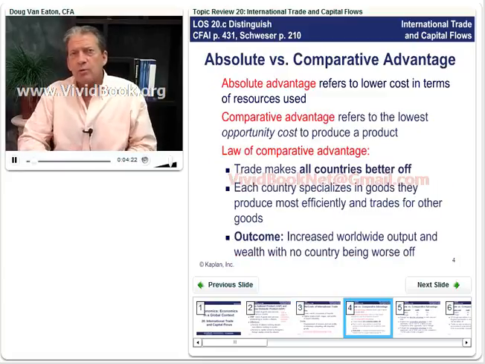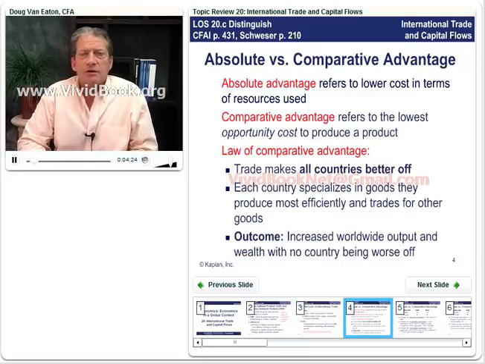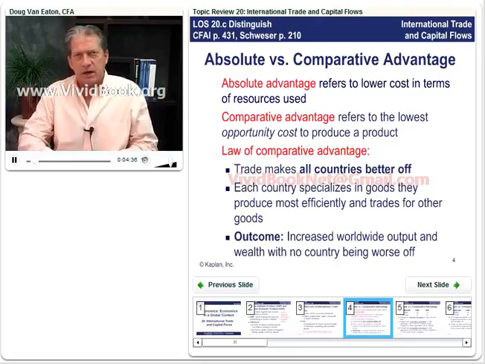But first, we want to talk a little bit more about the potential gains from trade and the economic theory behind it. So two terms you have to be real familiar with here are absolute advantage and comparative advantage. Now, when we talk about absolute advantage, we're talking about lower cost in terms of resources.